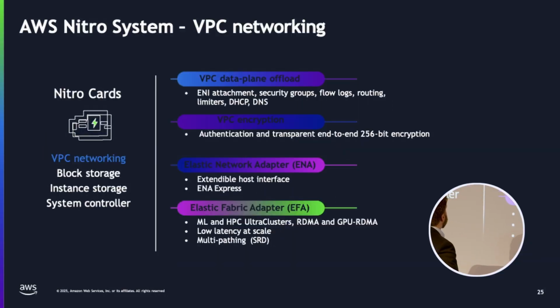So let me dive into the Nitro card. And sorry, when I developed these slides, I didn't realize where we were going to be at on the presentation here. But we have a certain type of networking that we have over there. There's a bunch of different types of networking that you can do with EC2 instances. There's an Elastic Fabric Adapter, which is if you're thinking about hyper computing or HPC computing, that's one that's over there.